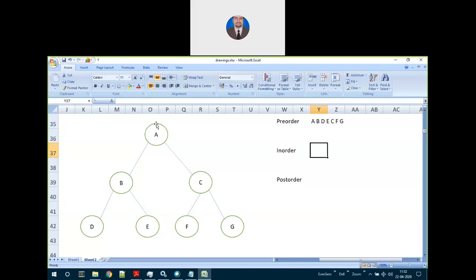So in that case, how will the approach be? First, where do I have to start? I have to start from the root here. In between means first I have to visit its left child. So who is the left child here? B. Okay, so I will come to B. Then what step has to be taken? Now we can say that B is making a subtree here. Root. Correct?